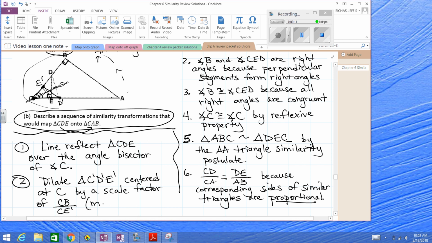This should map E prime onto B if we did it right.